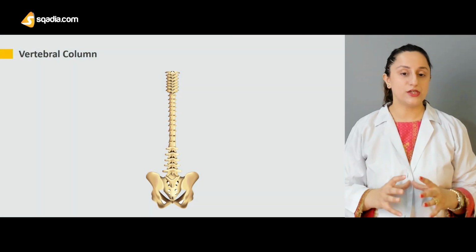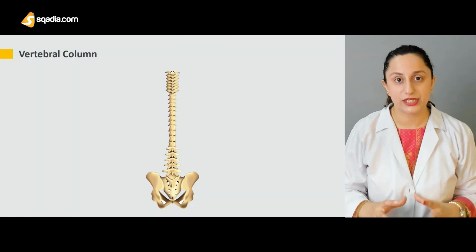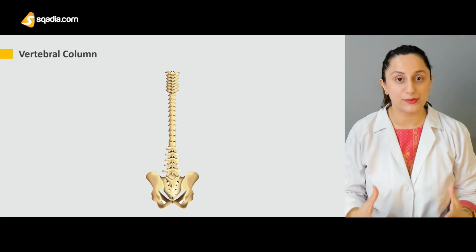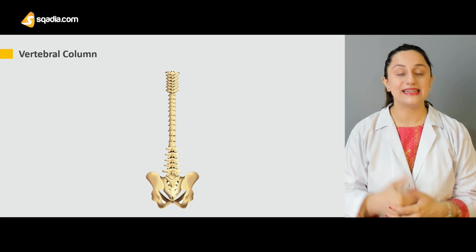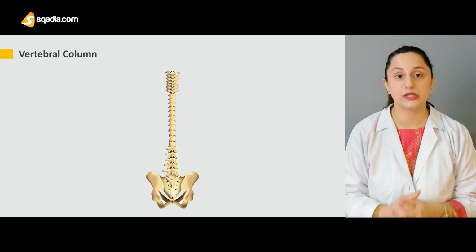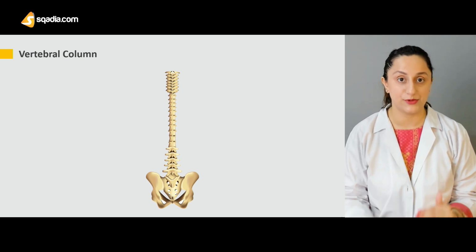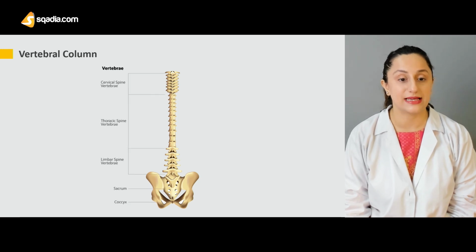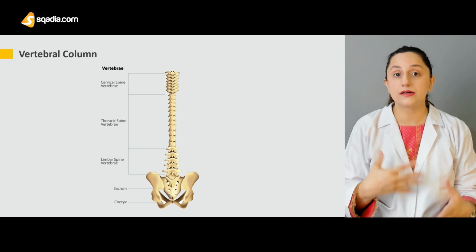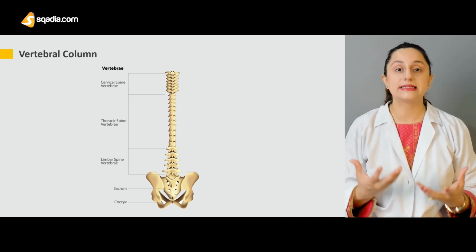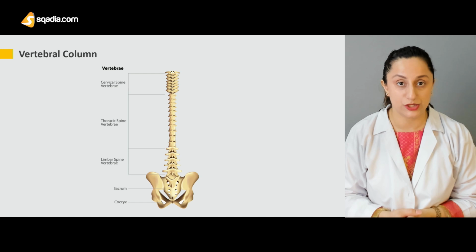Now, just to give you the basic background knowledge regarding the vertebral column, we must know that in the neck region we have a set of vertebrae known as the cervical vertebrae, and they form the cervical spine of an individual.